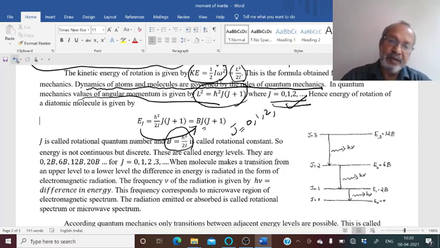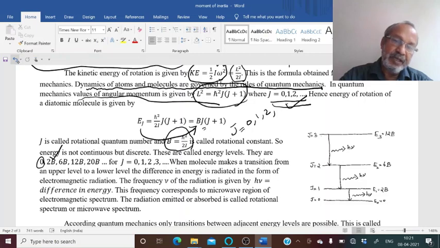So for various values of j, we get different energy levels. Energy is not continuous. So if you put j equal to 0, then you will get energy equal to 0. The next energy comes when j is equal to 1. In that case, you will get E1, and it will be equal to b into 1 into 1 plus 1, that is 2b. Next energy will be E2.